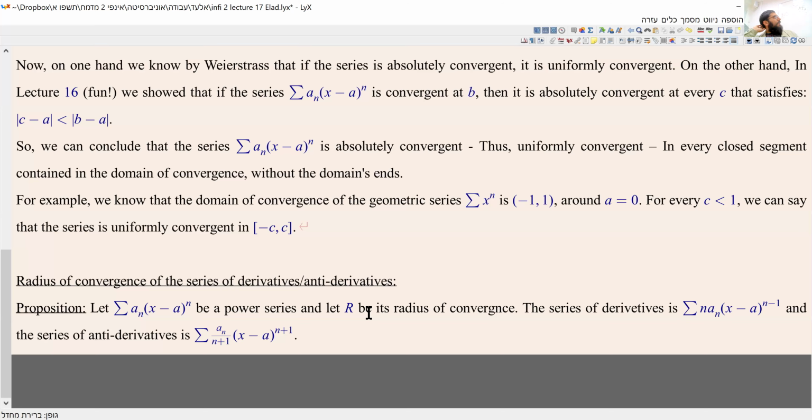That's what we get. Now, I claim that the radius of the series of derivatives and the radius of the series of antiderivatives are the same as R. Differentiate element by element, integrate element by element, you get the same radius, no matter how many times you do it.